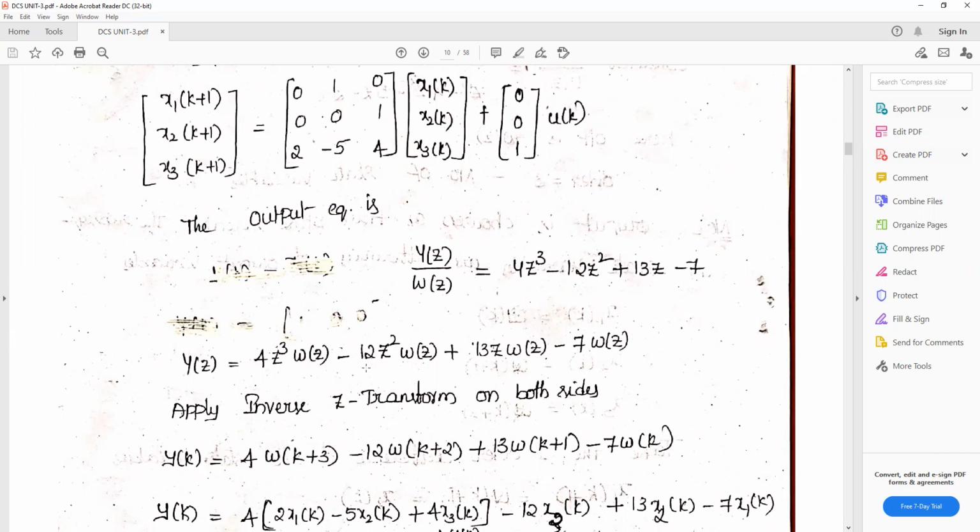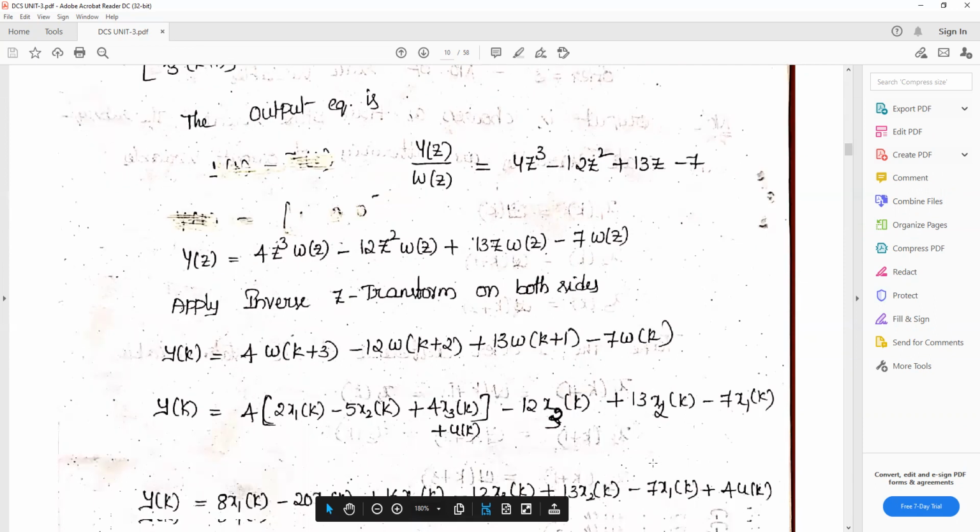So apply inverse z transform on both sides. y of k is equal to 4 times w of k plus 3 minus 12 times w of k plus 2 plus 13 times w of k plus 1 minus 7 into w of k.